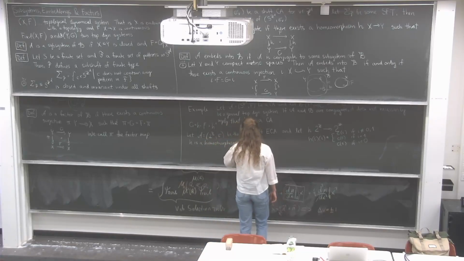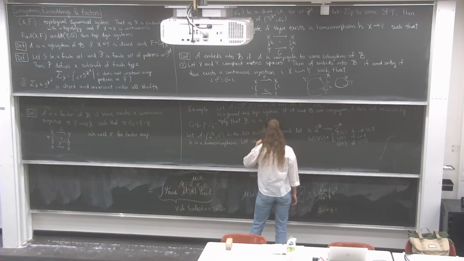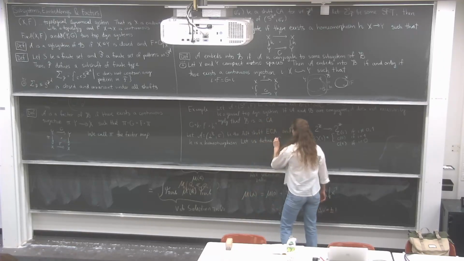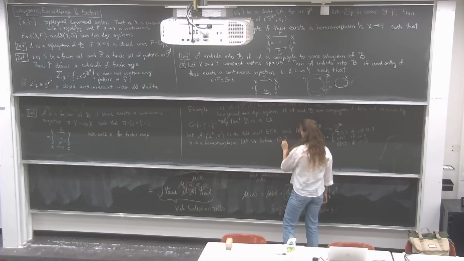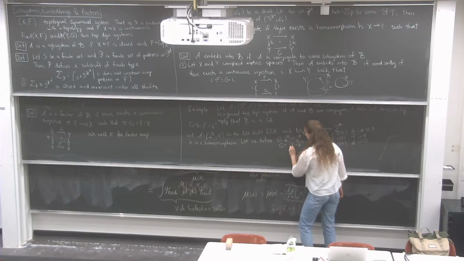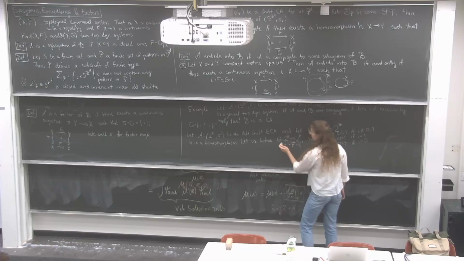So let us define the map G in the natural way, so we ensure the commuting diagram. Now our F is sigma.